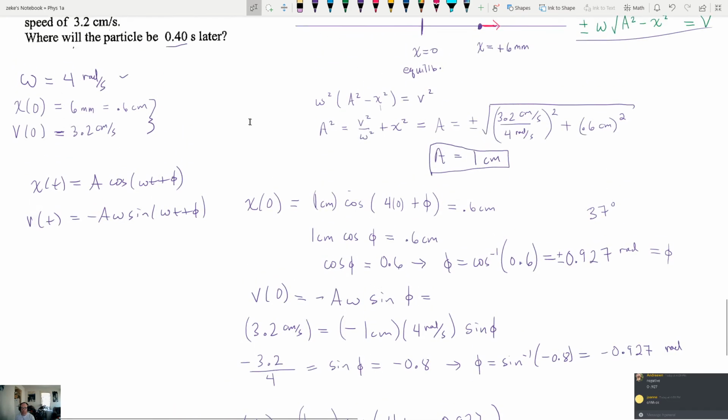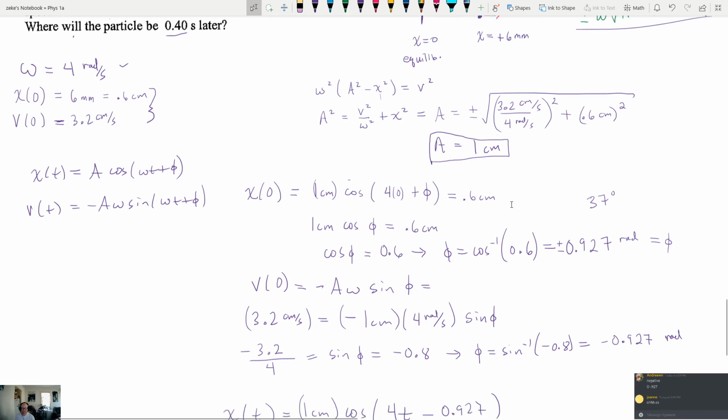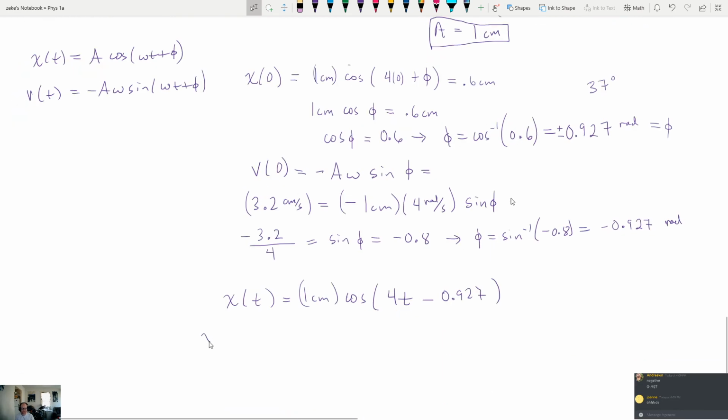Okay? And our goal here was to figure out, let's go back to what we were trying to do, where will the particle be 0.4 seconds later? So to finish this problem, we have to plug in x of 0.4 seconds is equal to 1 cm cosine of 4 times 0.4 minus 0.927. And now we need to plug all of this into our calculator.